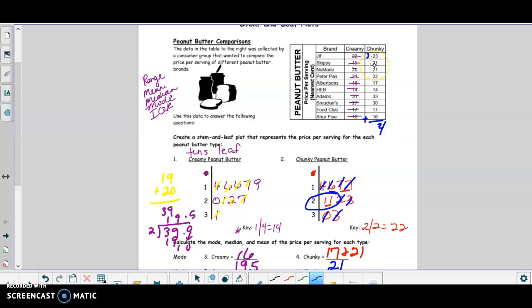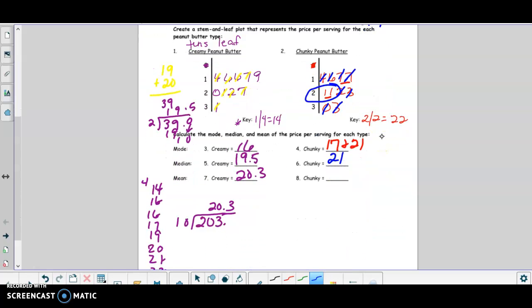So when we add these up, we have 214 divided by 10, which is 21.4 pennies. So we can see that for the most part, the chunky is a little bit more expensive.